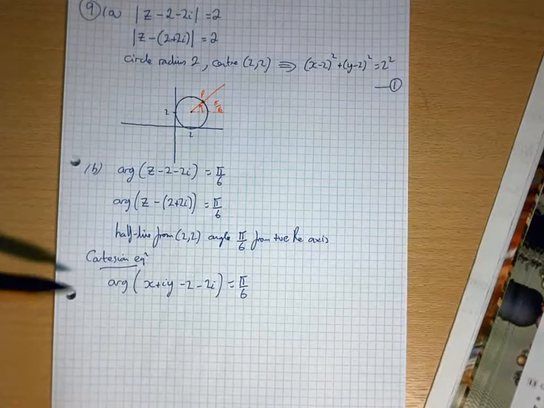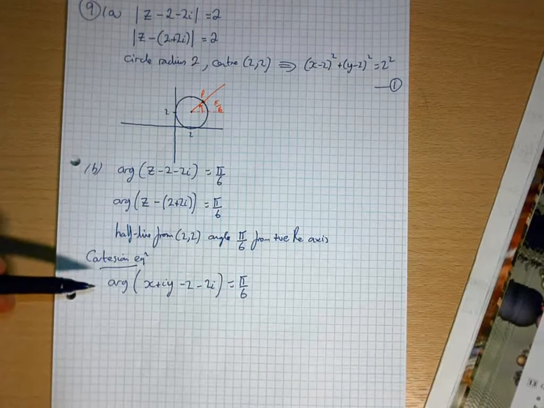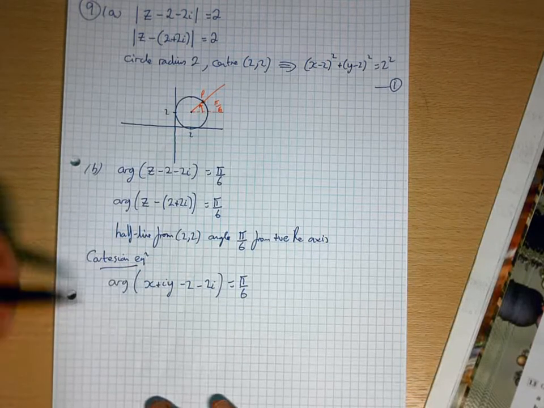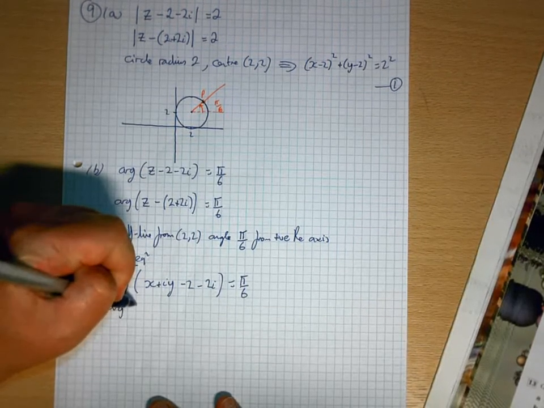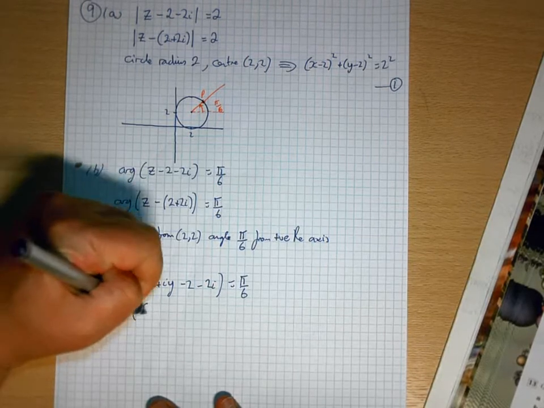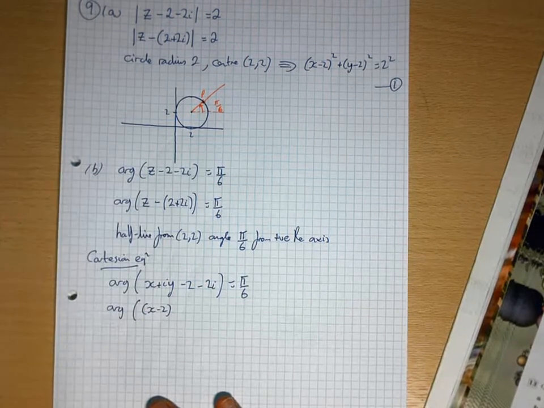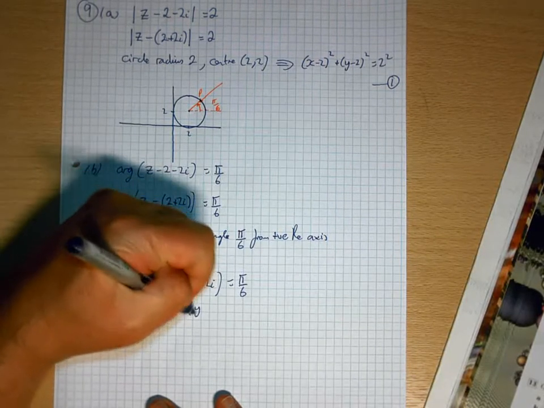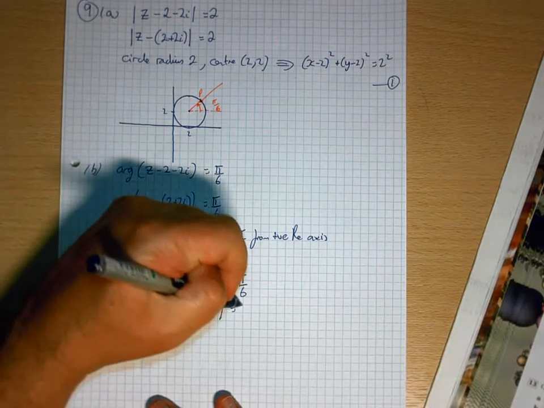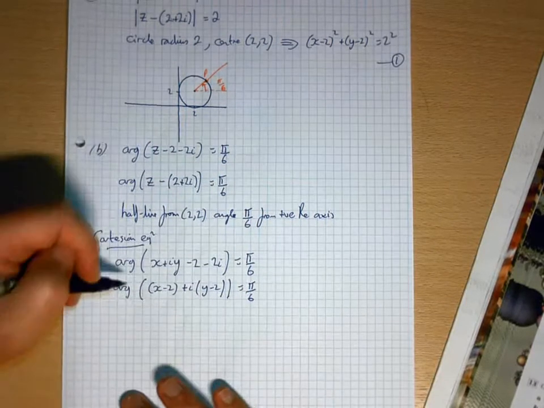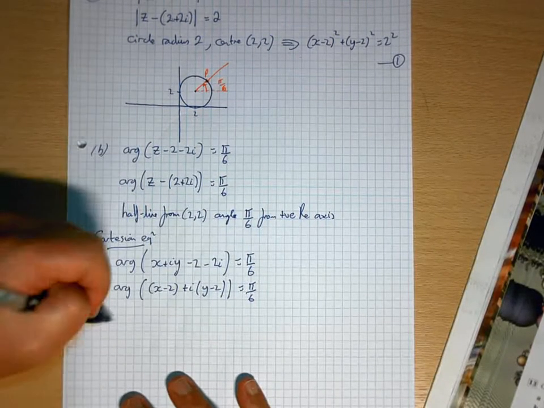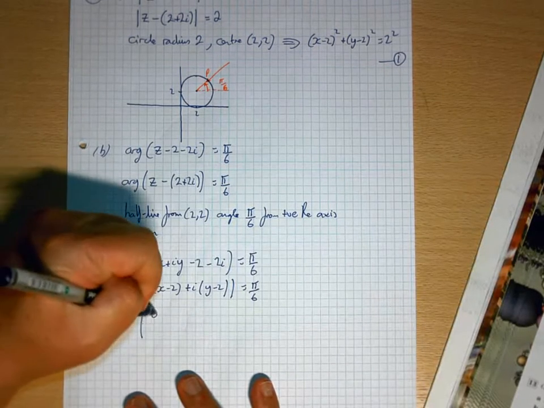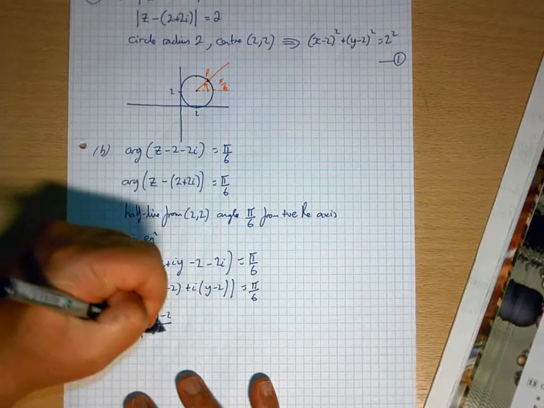Now in order to get into that, we need to find the argument, which means we need the real parts and the imaginary parts grouped separately. So the real part will be x minus 2, the imaginary part will be y minus 2. And once we've got those separated, we know that the argument is the arctan of the imaginary over the real.